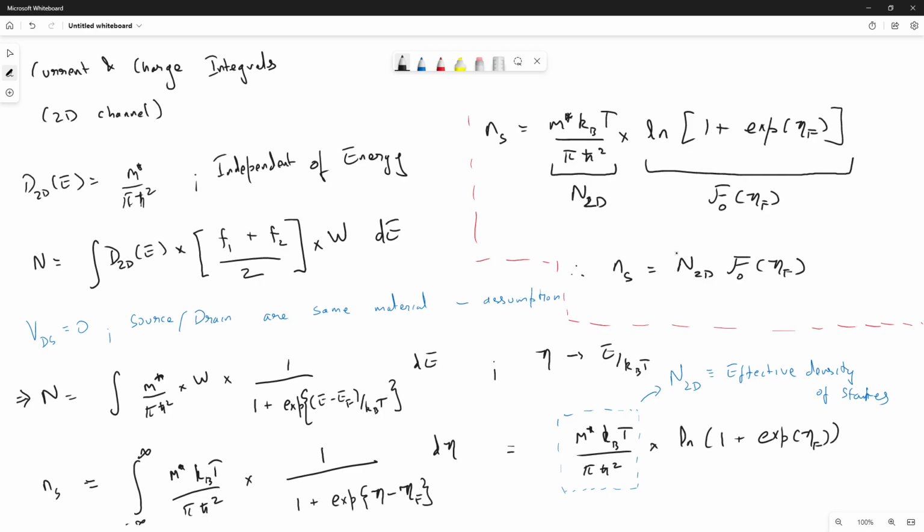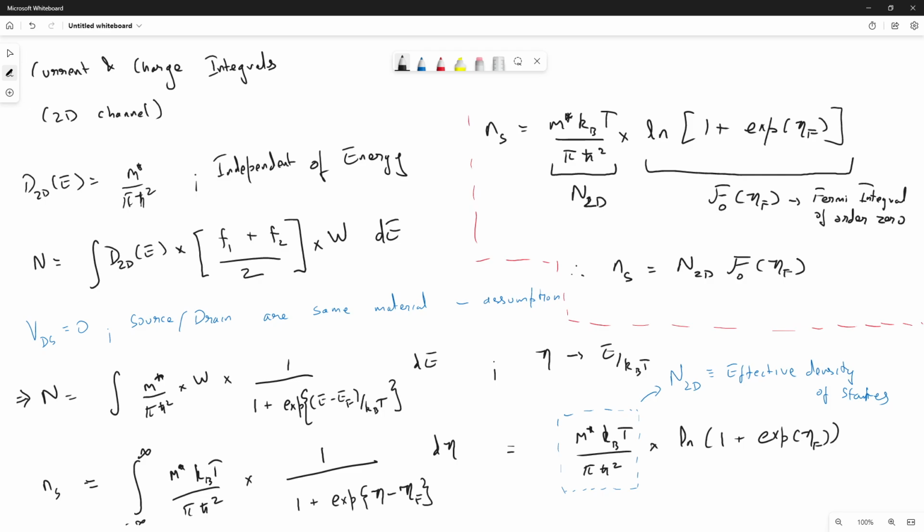So, whenever I am looking at the charge carrier density in a 2D channel, it will depend on the Fermi integral of order 0. This is the Fermi-Dirac integral of order 0.